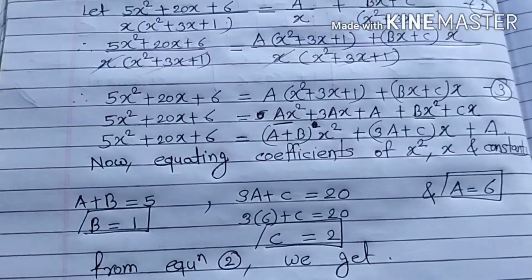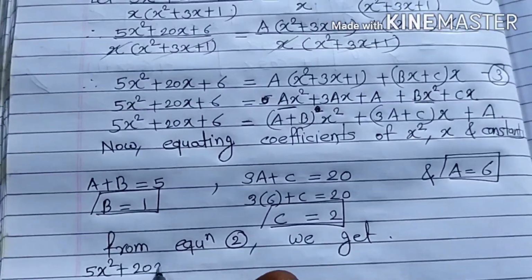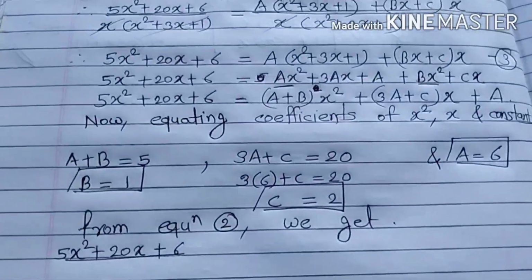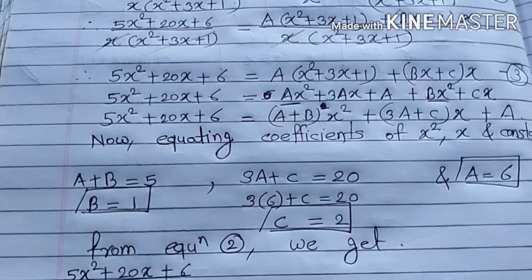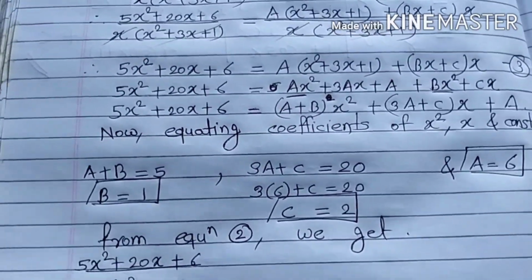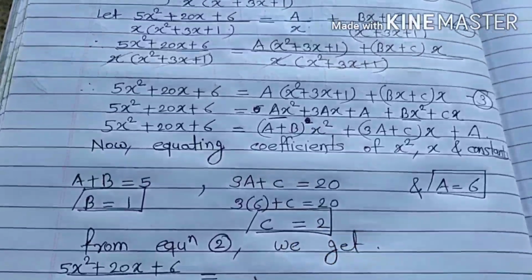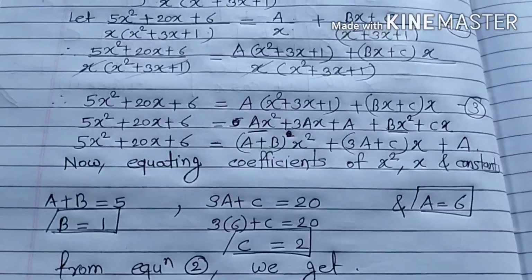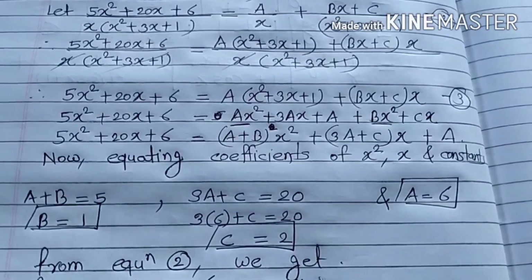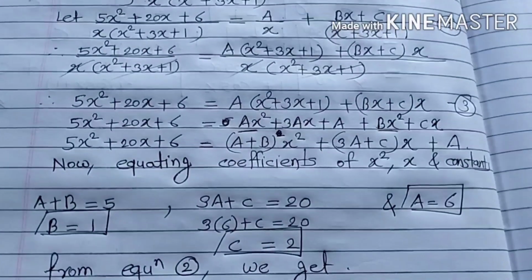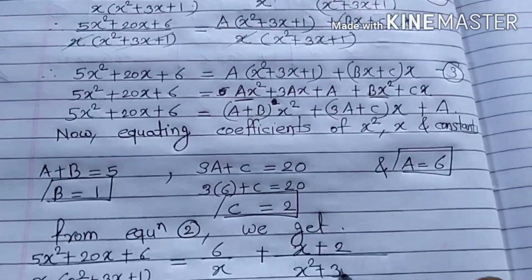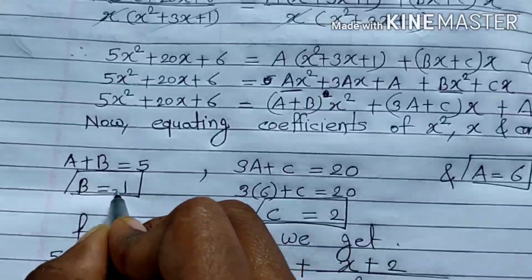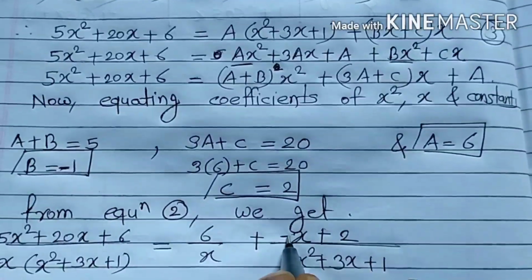So it is (5x square plus 20x plus 6) upon x into (x square plus 3x plus 1) which is equal to a means 6 upon x plus value of b is minus 1, so it is minus x plus 2 upon x square plus 3x plus 1. Student, value of b is minus 1. So here is also minus 1.